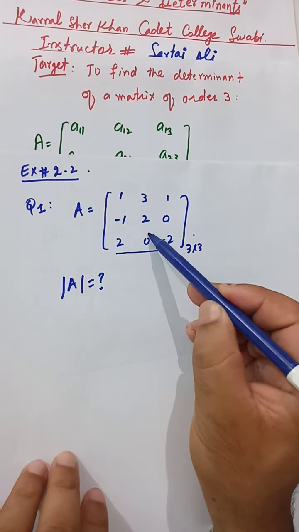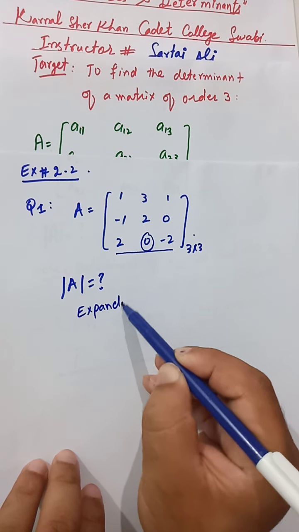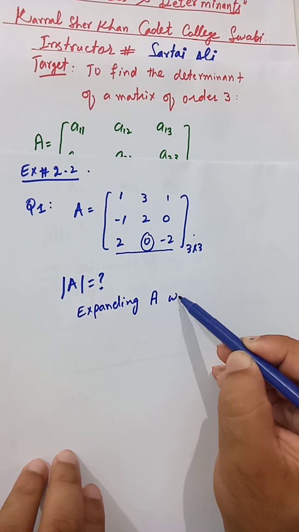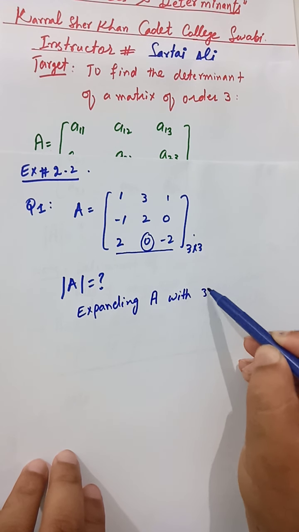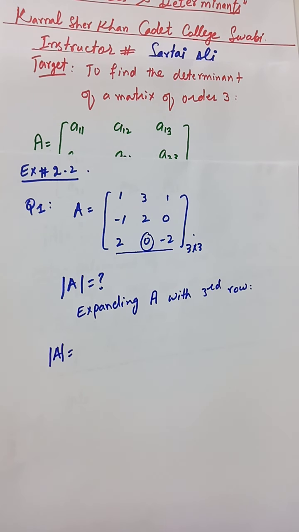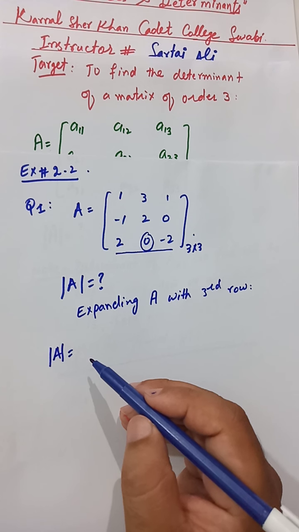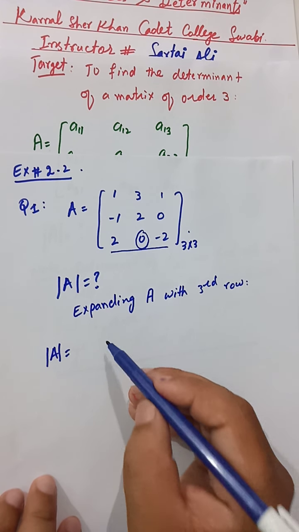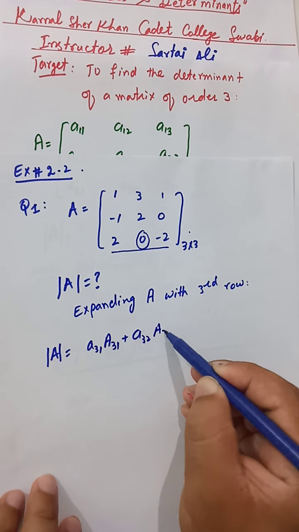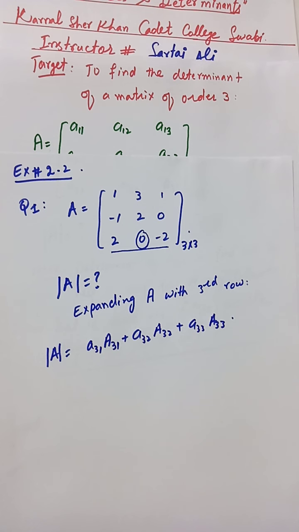So if I am finding the determinant with the third row, you will write, expanding A with third row, the determinant of A will be equal to, in general form for a matrix of order 3, a31 capital A31 plus a32 capital A32 plus a33 capital A33. So this is the determinant.